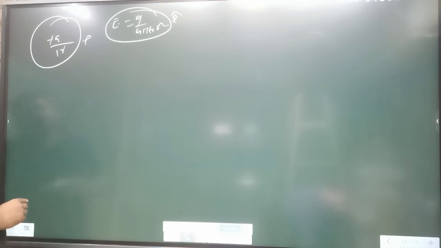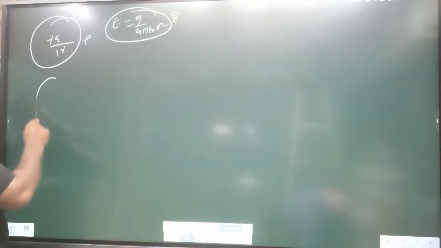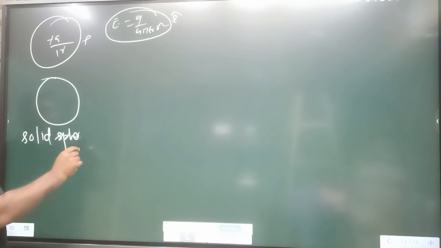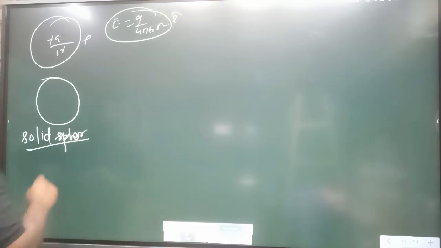Now, next. Suppose we take a solid sphere, but inside the density is constant.